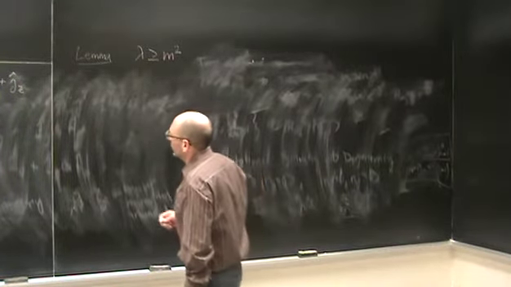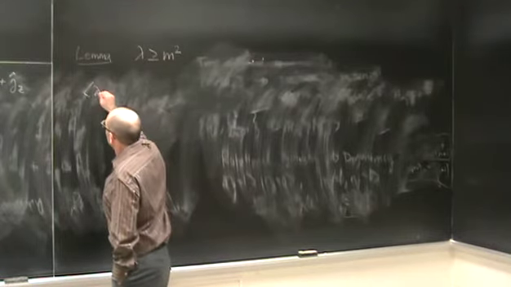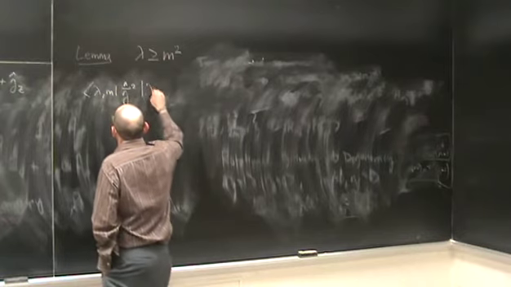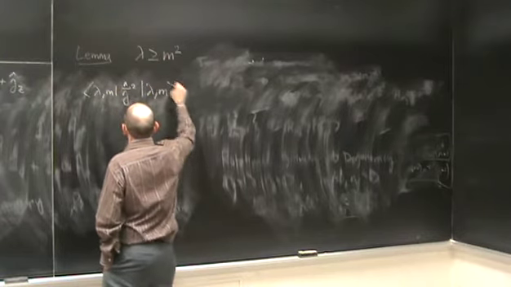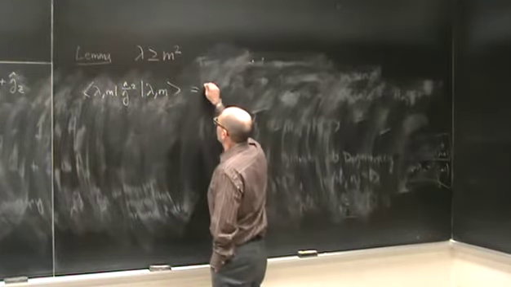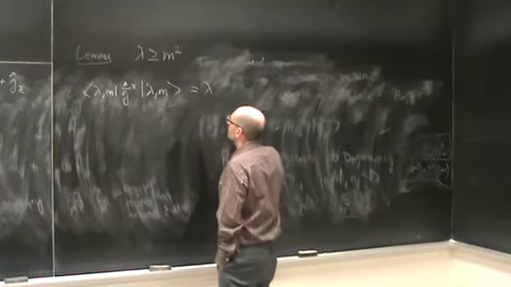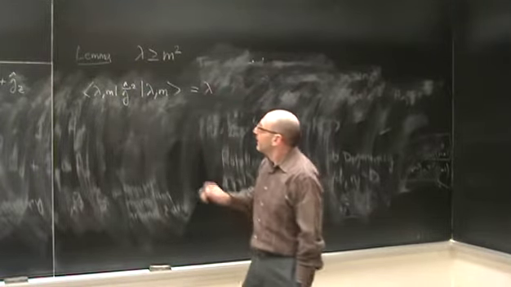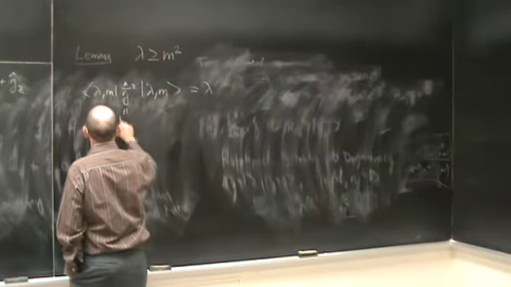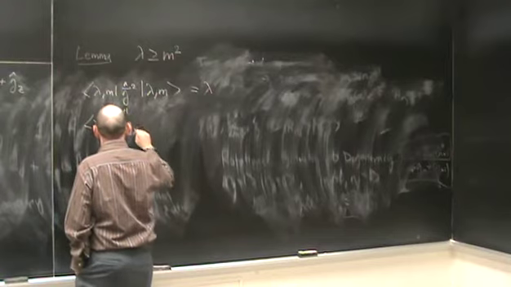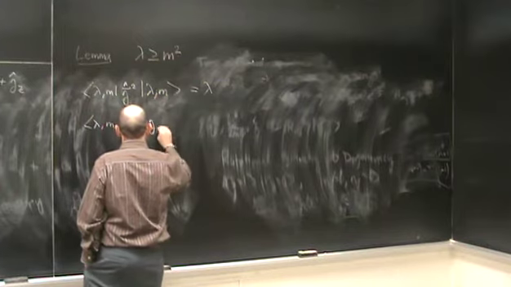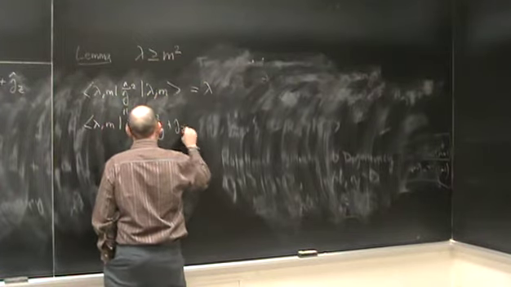Well, that's easy to prove. Let's look at the expectation value of j squared with respect to one of these eigenvectors. Right? This is lambda. But this is equal to jx squared plus jy squared plus jz squared.